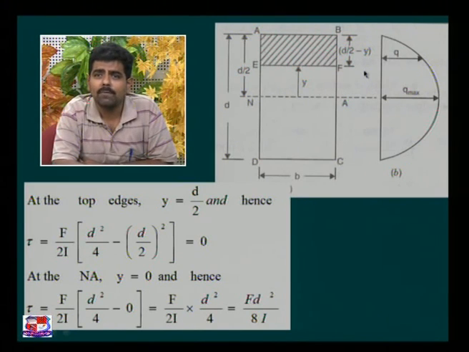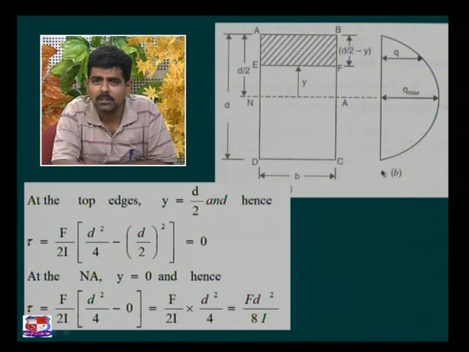The maximum value of bending stress is achieved at the top and bottom extreme fibers. But in the case of shear stress variation, the value of shear stress is 0 at the top and bottom fibers and maximum at the neutral axis, which we can visualize from this rectangular section.